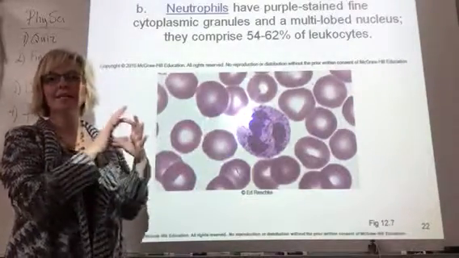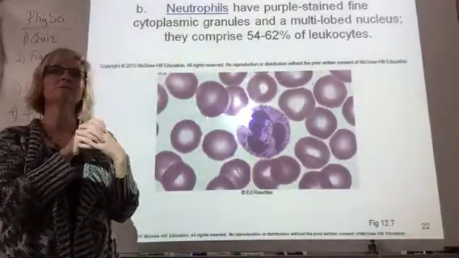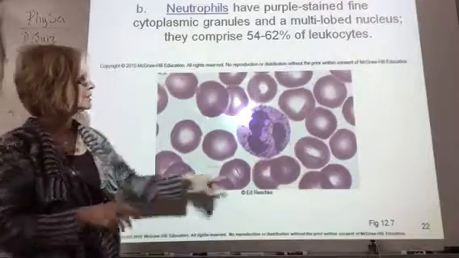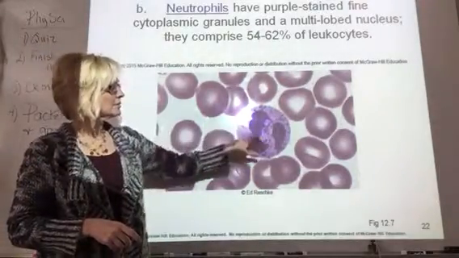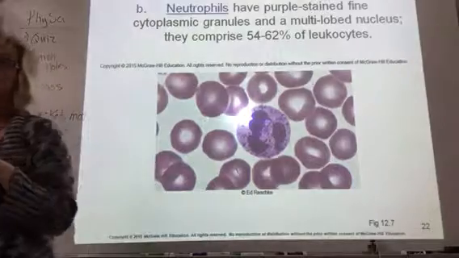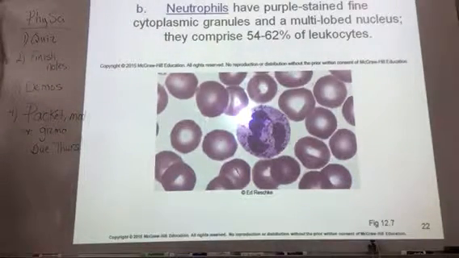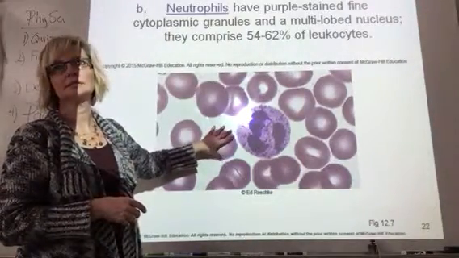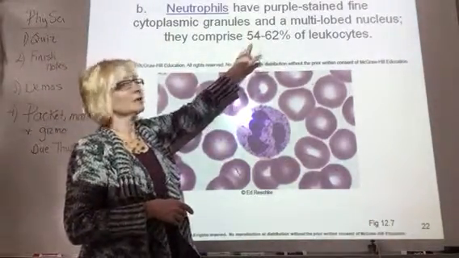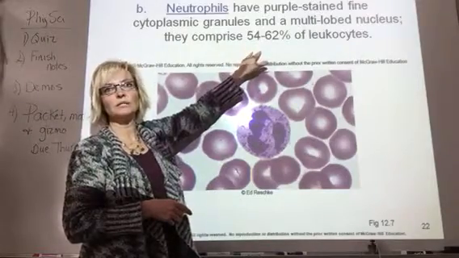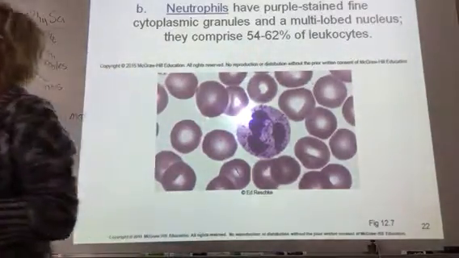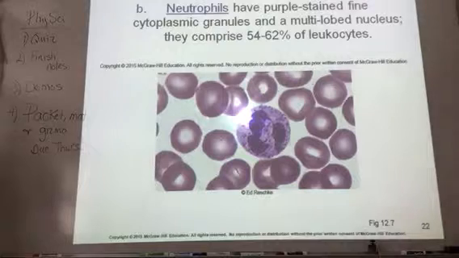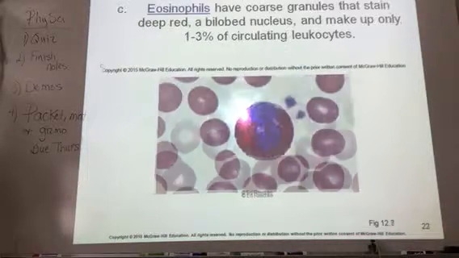So instead of having a perfectly round nucleus in the center, your nucleus is going to have different parts, or different lobes. Neutrophils are the most common white blood cell. They make up half to 62% of all white blood cells. So neutrophils are by far the most common white blood cell.